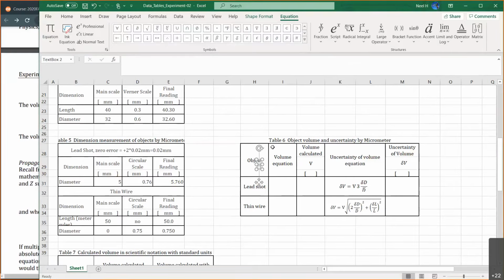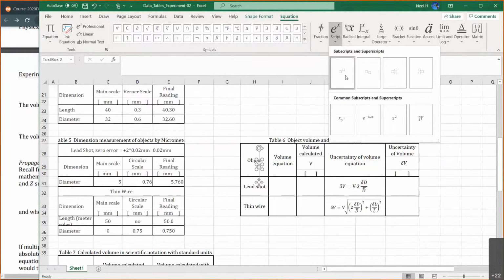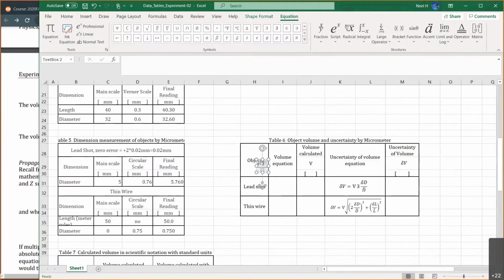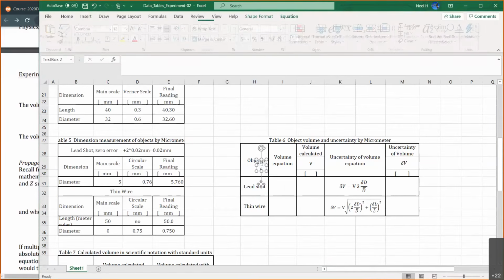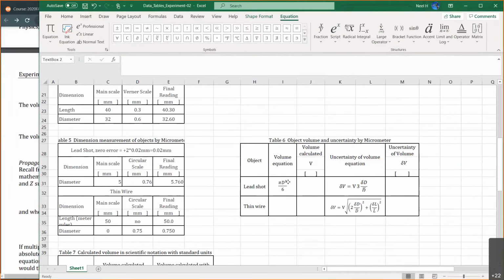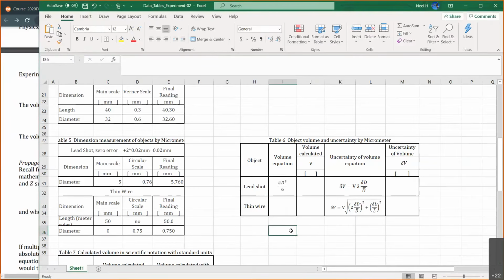And then I need diameter to the power 3, so I need this selection tool to show me this sign right here, so I can do superscript easily. Then I need diameter to the power 3 and then divide by 6. You can do this editing very easily and then click and drag that equation anywhere you need, because if you input the equation, it does not automatically go into the cell you need, okay?